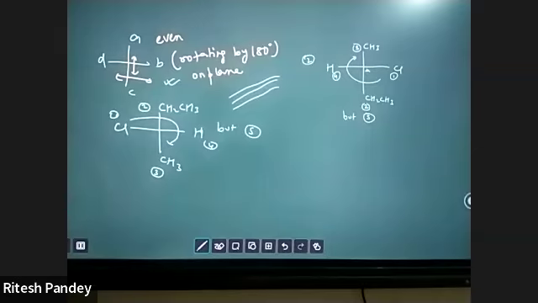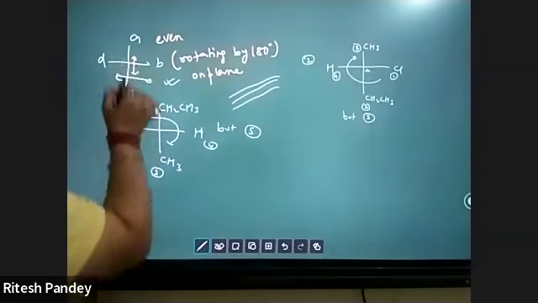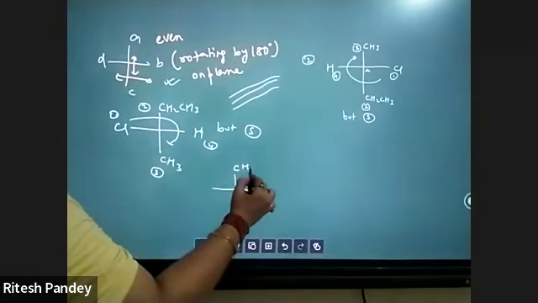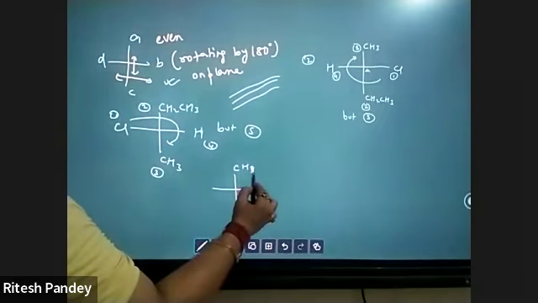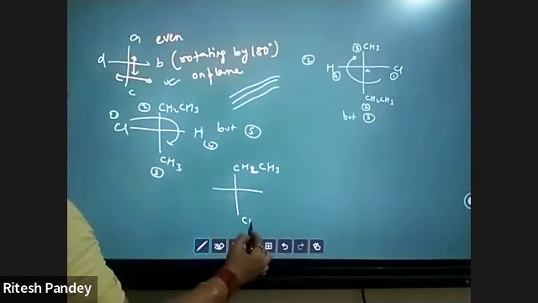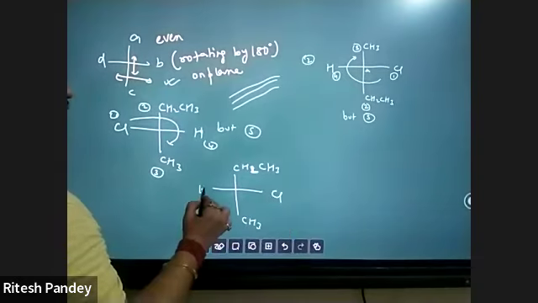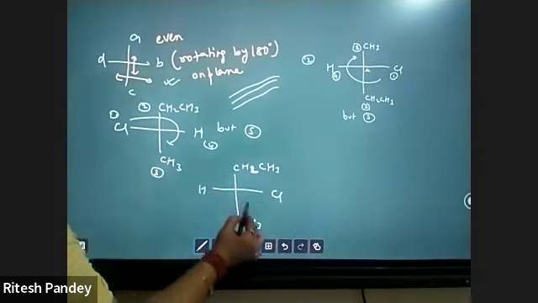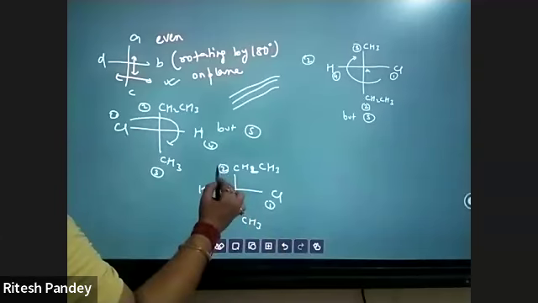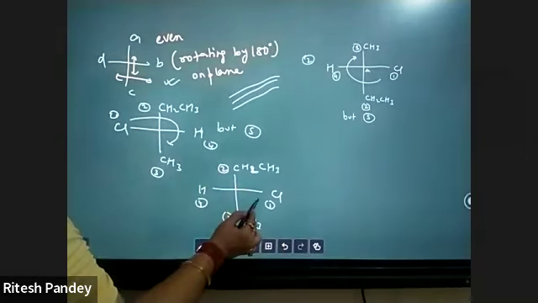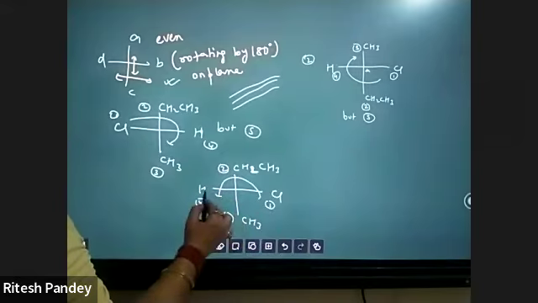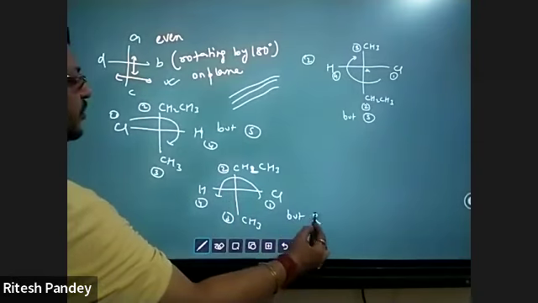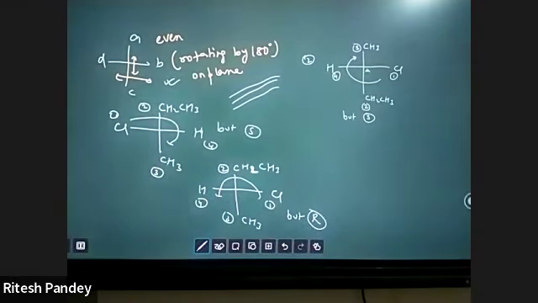Now let me break a rule. If I have only one exchange, only vertically, and not exchanging horizontally, then this 1, this 2, this 3 and this 4 is anti-clockwise, this being horizontal, this would be R. So if you break a rule, you will get the enantiomer.